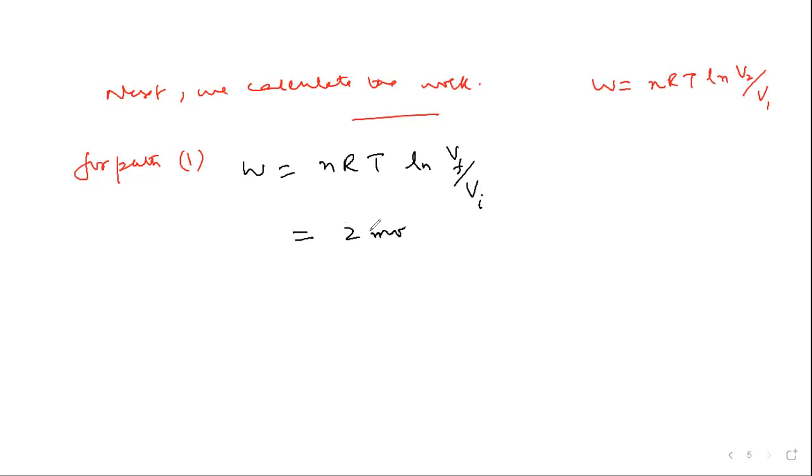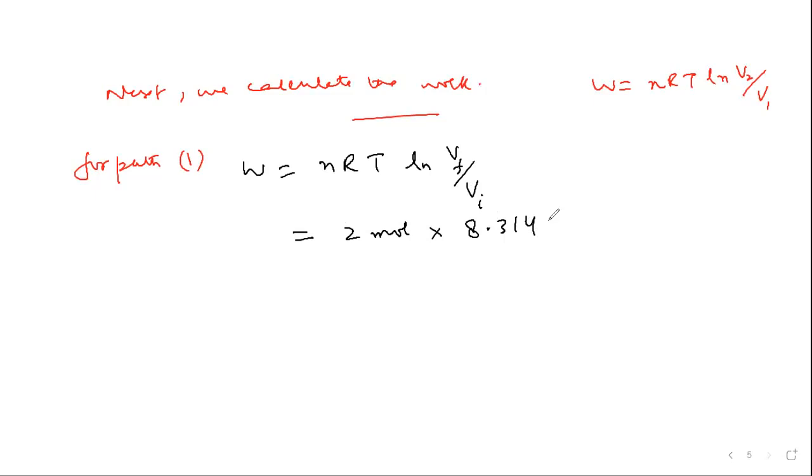2 mole times the value of R, 8.314. I will write it in joules because I want work in joules.